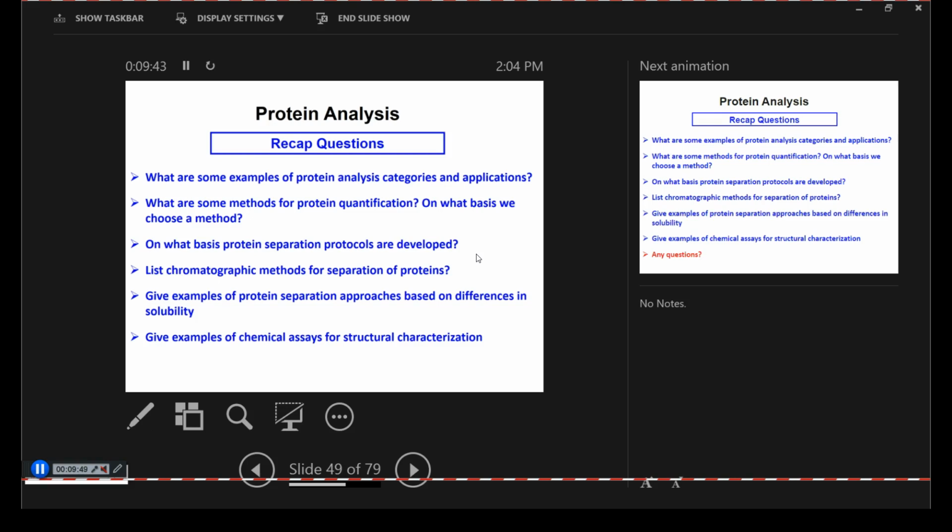Surface hydrophobicity and surface charge. But they're two different assays. Surface hydrophobicity depends on using a reagent that will bind to the hydrophobic surface of the protein, usually the ANS reagent, and once it binds to the protein, you measure fluorescence because it is a compound that fluoresces.